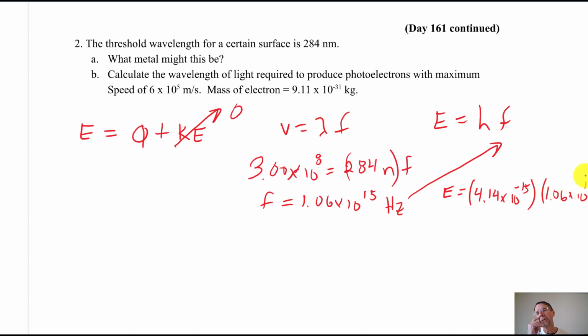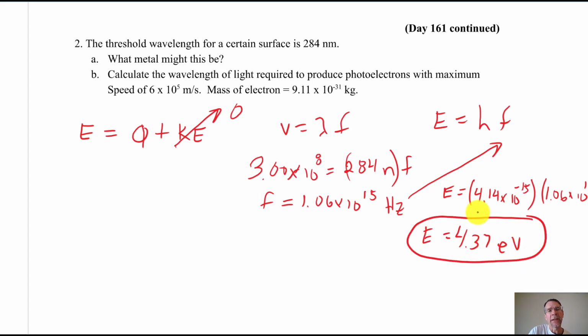So I just plugged that number in, and you get 4.37 electron volts. That's the energy of the threshold photons for this particular metal.